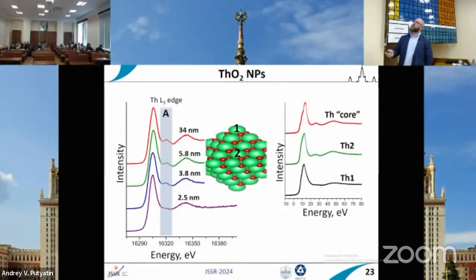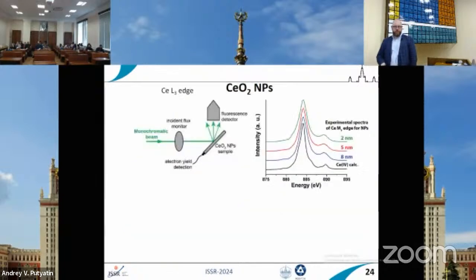So we can distinguish between different positions of the thorium, either surface atoms of thorium or bulk or core atoms of the thorium, and their combination makes this thorium dioxide spectrum. So if you have a very big impact already of the surface atoms, you can see that you really have a change in the spectrum.